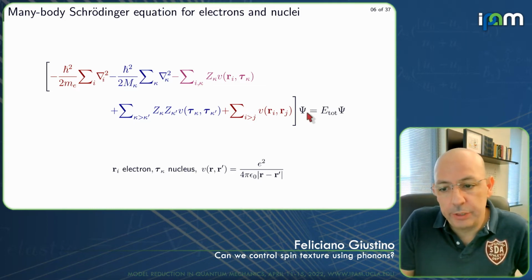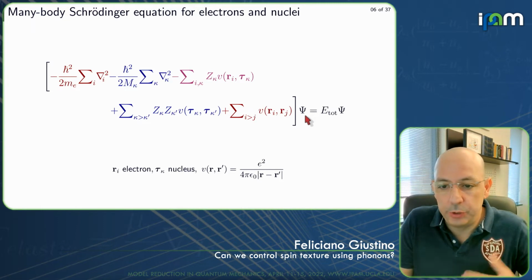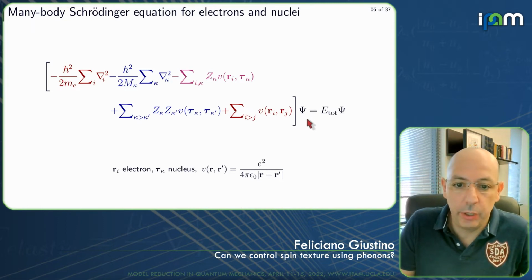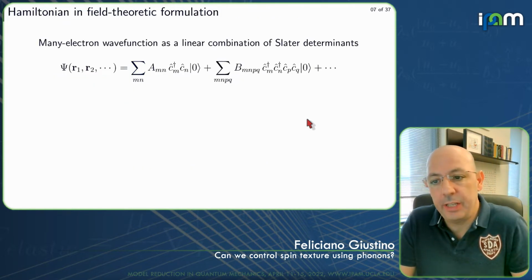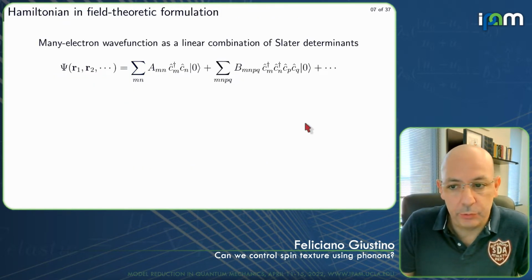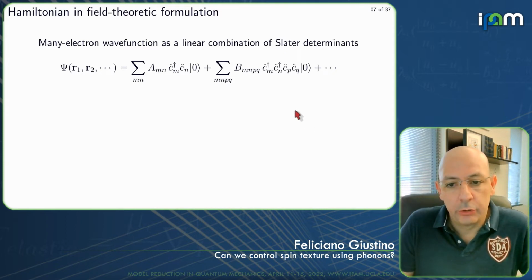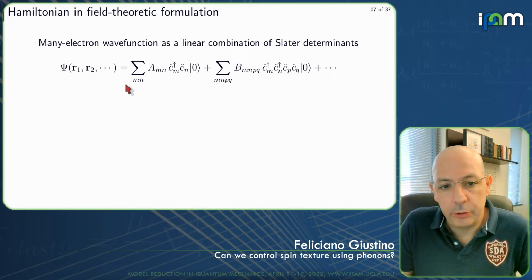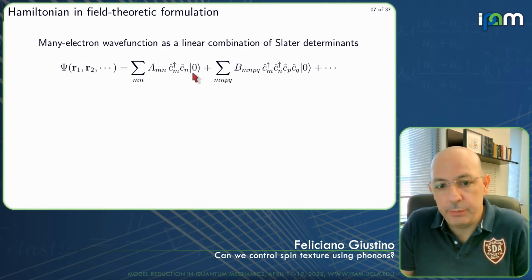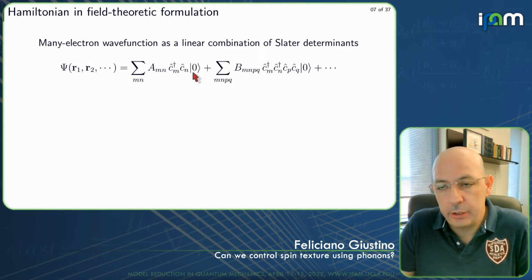So in order to deal with this problem, what one usually does is to try to rewrite the whole problem into single particle equations. I'm going to show you a few elementary steps to get there, just to give you an idea of how people think in this area. First of all, what we would like to do is to talk about Slater determinants. So imagine a DFT calculation. You have Kohn-Sham orbitals.